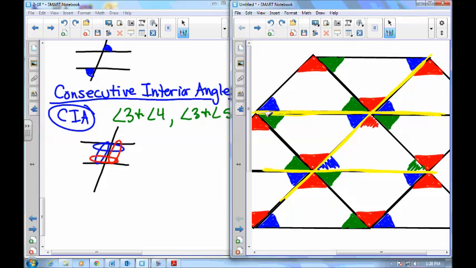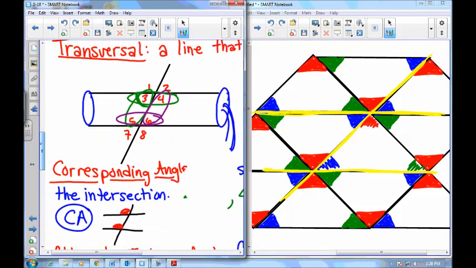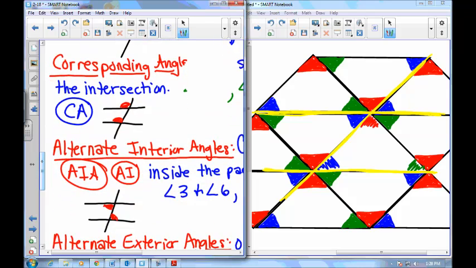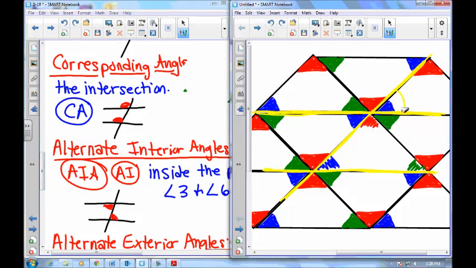Okay, we're going to start with, which one was our first one? CA, right? Corresponding angles. Okay, we have our transversal. For my top intersection, I'm going to look at my top right. What angle on this intersection corresponds to the top right over here?